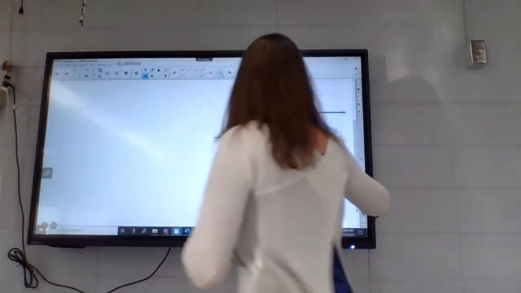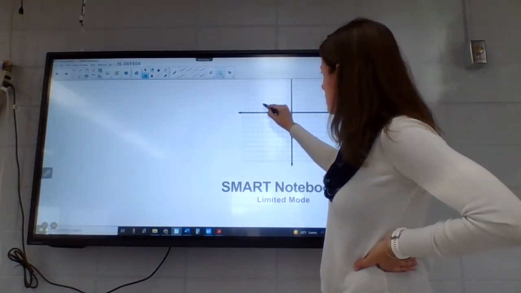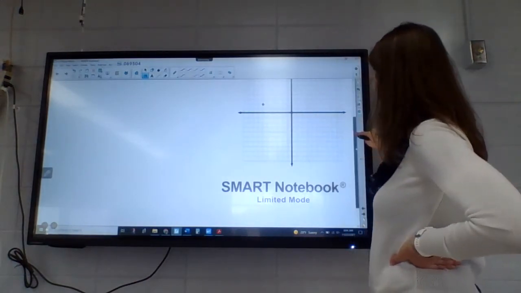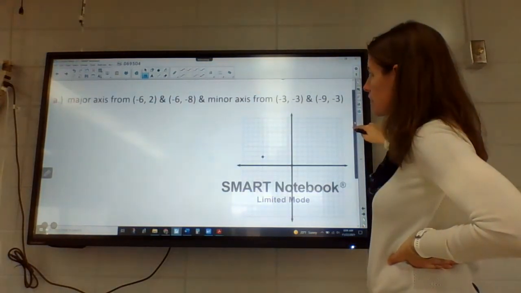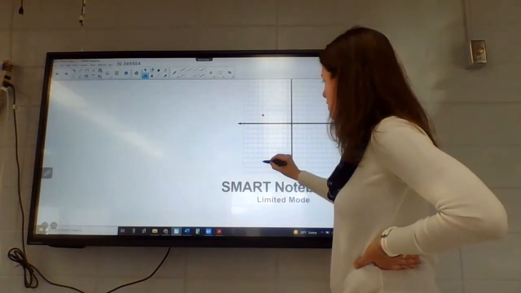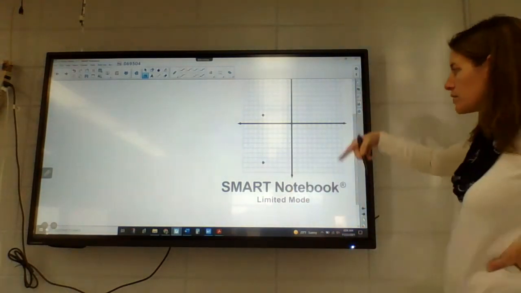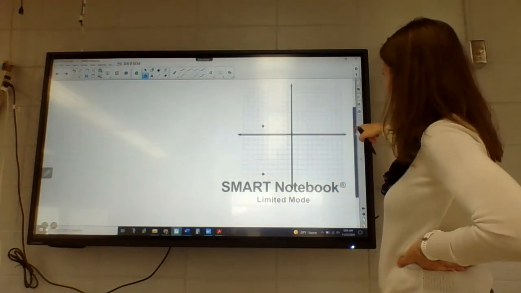So negative 6, 2 and negative 6, negative 8. So there's our major axis. So we know it's going to go through there.